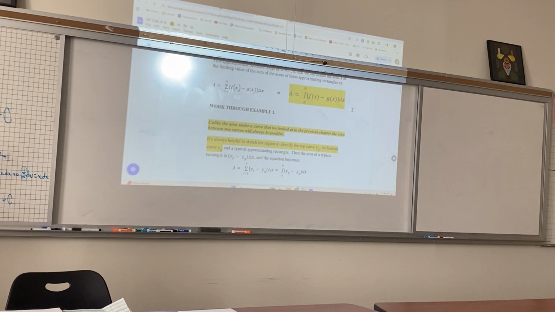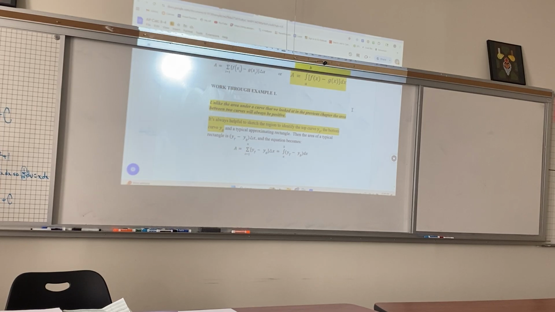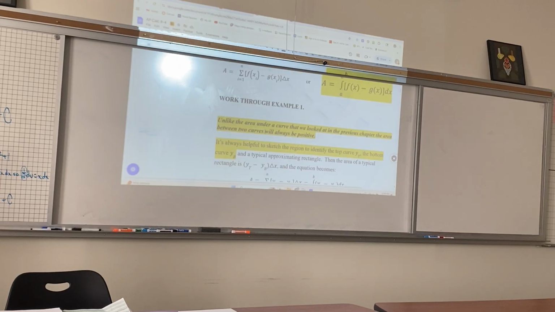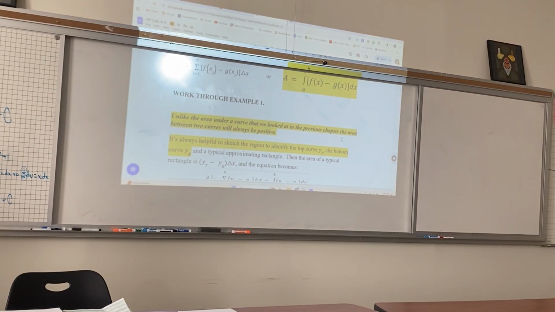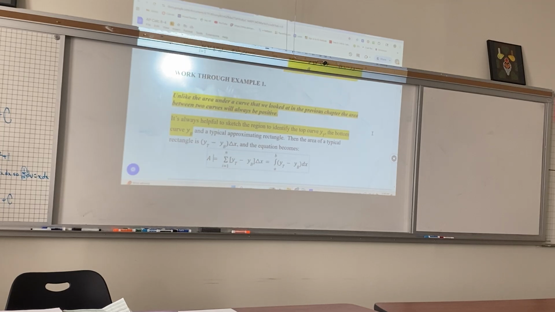Also, this is cool, guys. Unlike the area under the curve that we looked at previously, where I knew it was giving me net area because some of it might be under the x-axis, I don't care if it's between two curves because it's always going to give me total area.